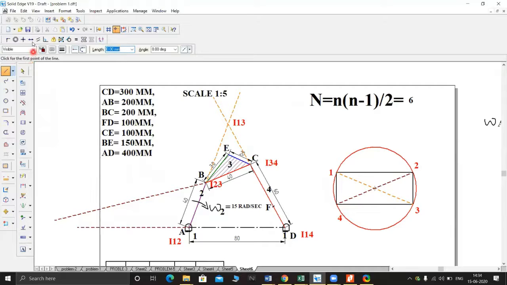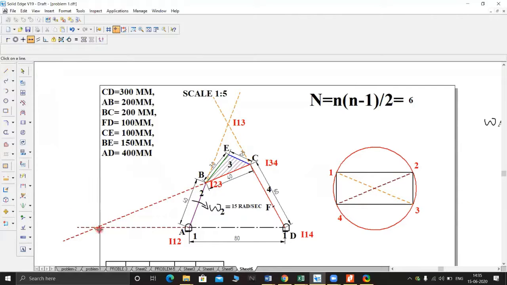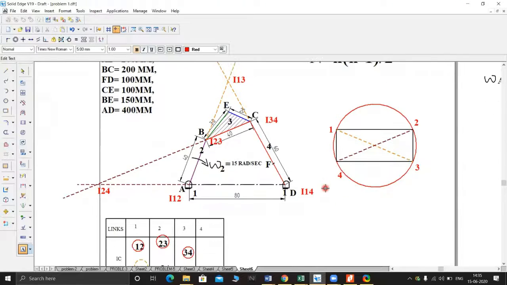Therefore, these two lines will coincide here, and this location I can call I24.